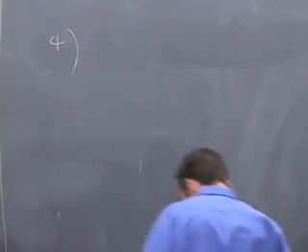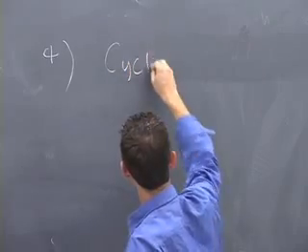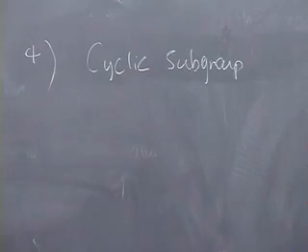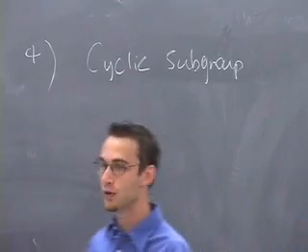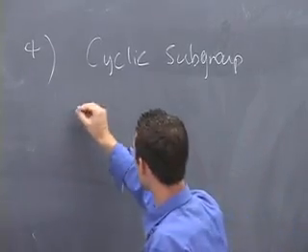Another thing that we looked at was particular cyclic subgroups. I'll just refresh your memory on that. If I have a group and an element of that group, I can consider the set of all powers of that element, and that forms a subgroup. Here are a couple of examples.